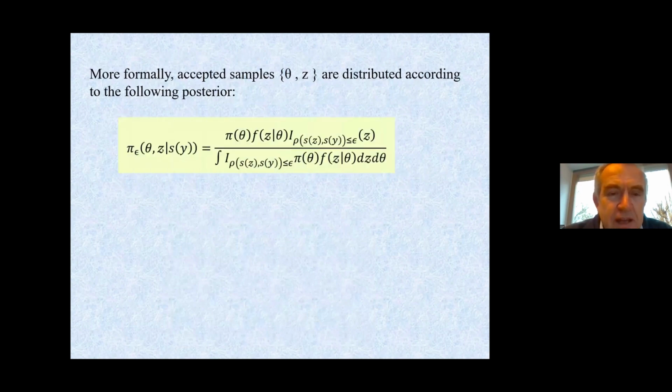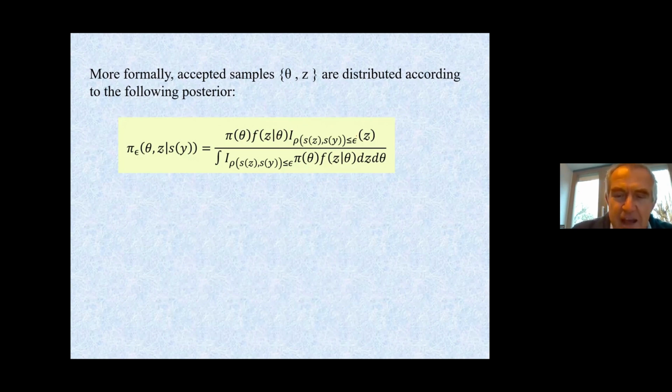So more formally, that means that the accepted samples are distributed according to this posterior here. It's a standard posterior, as you can find it in the Bayesian literature, but it replaces the likelihood by the accepted samples. So here you have the prior distribution, you have the function that describes the likelihood of the simulation under the parameters, and you have the indicator function that this is applied only to those samples that are accepted.